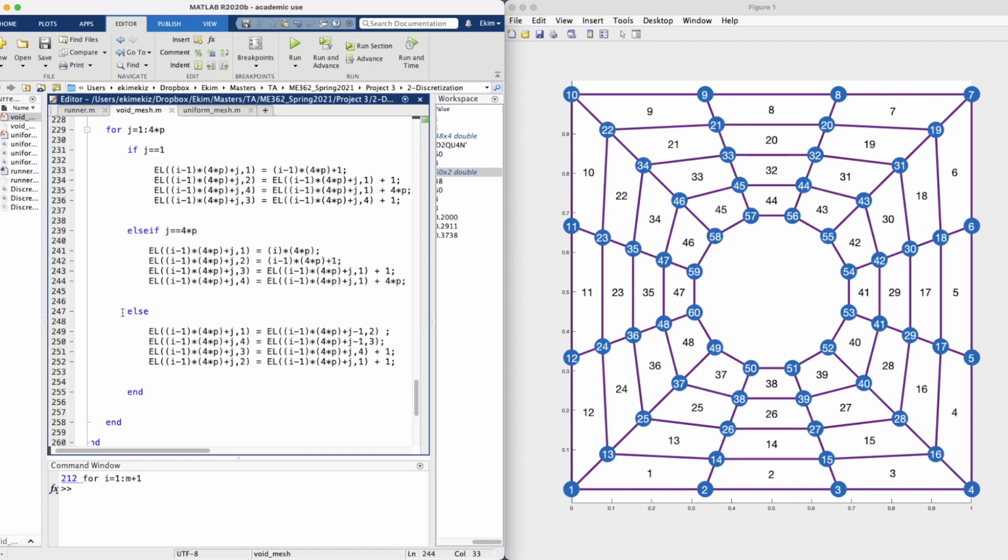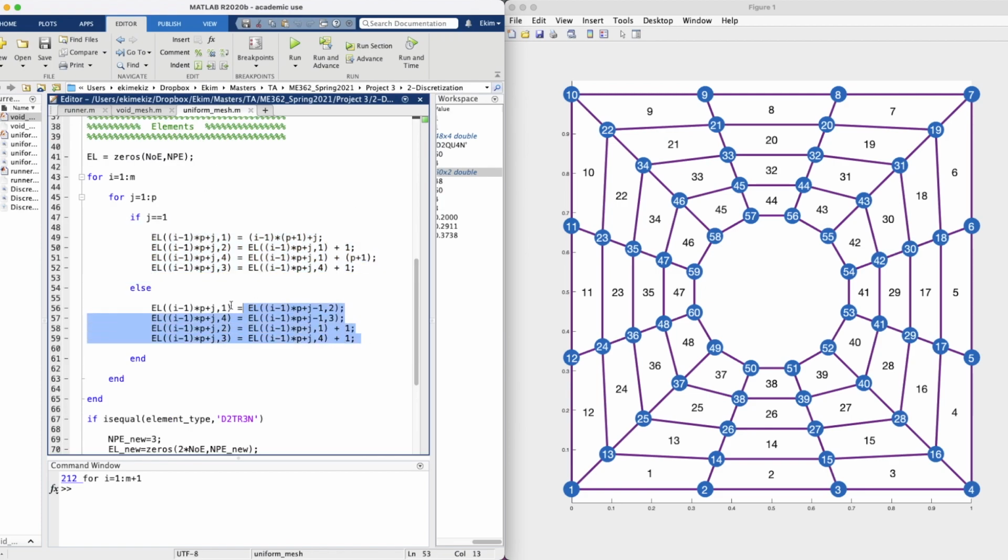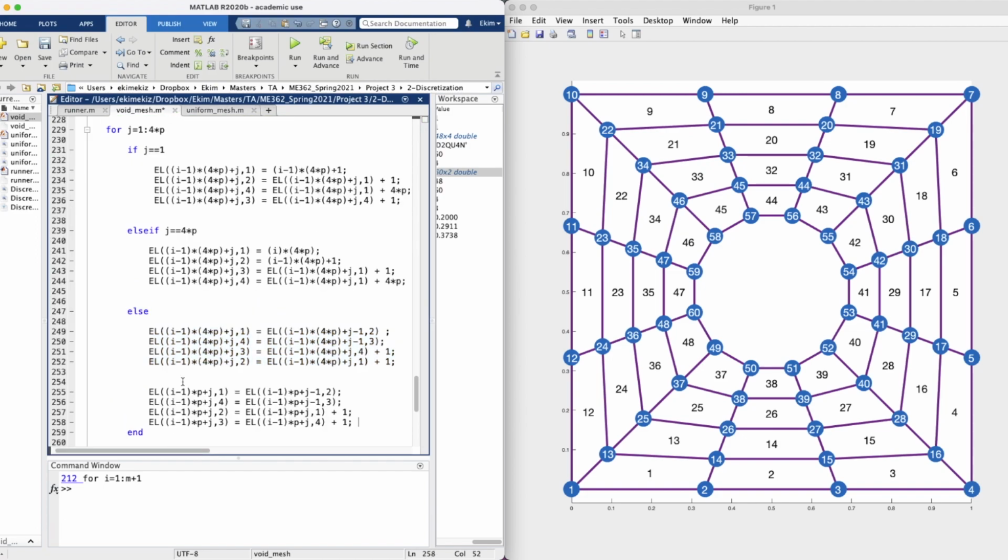So this is what we do here. This is exactly the same as this thing. It's just their indices here are different, and the only difference is 4p here, right? Because as I said before, this is like a 4p uniform mesh.